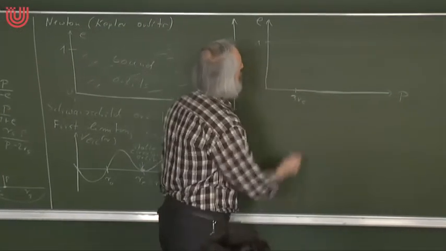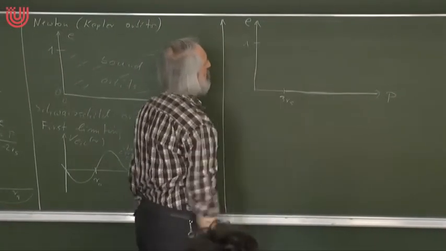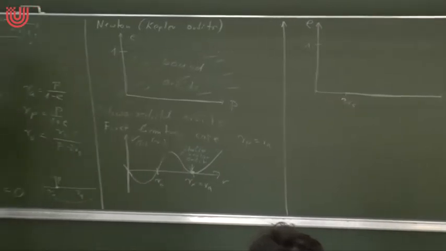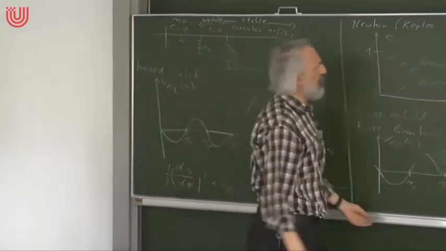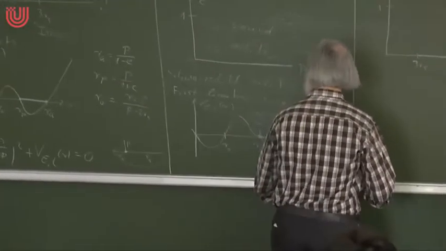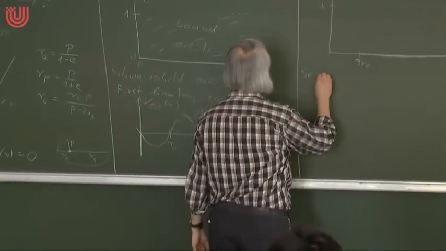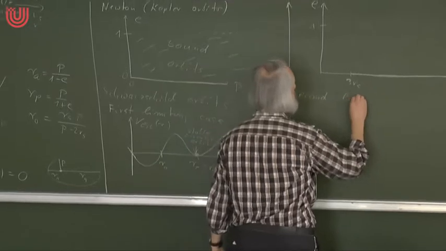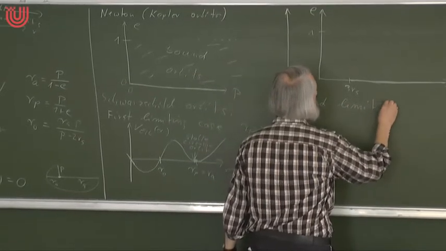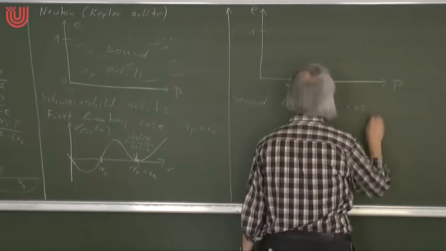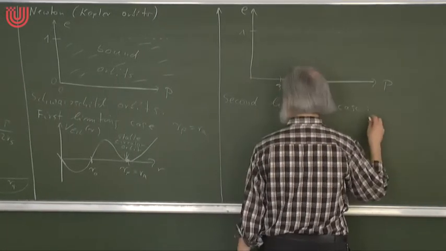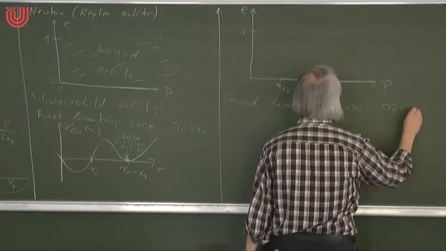And what we have to find out is, what is the boundary here? And for that we have to consider the other limiting case, when R0 comes together with Rp. And that's more interesting actually. It's not so obvious to see what this geometrically means.